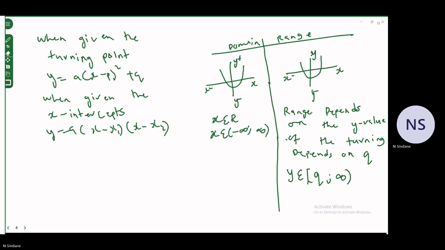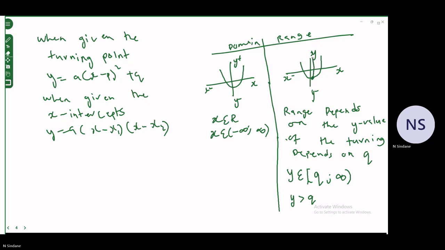Or someone can write it like this and say y is greater than or equal to q. From this point, somewhere here, it is the y value of the turning point.